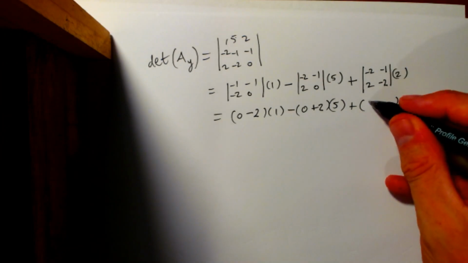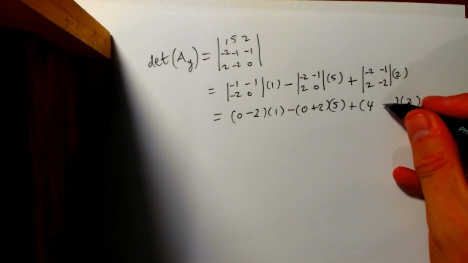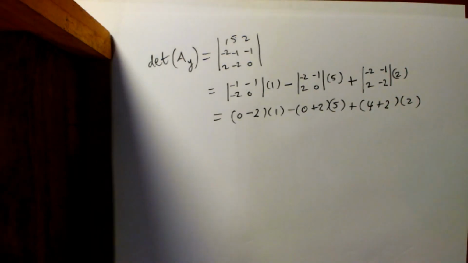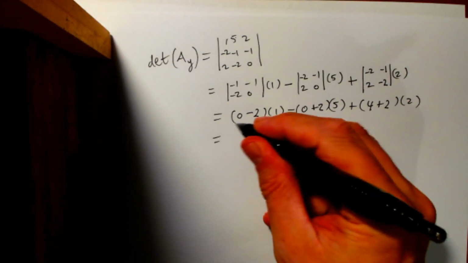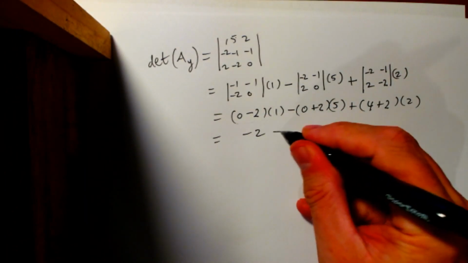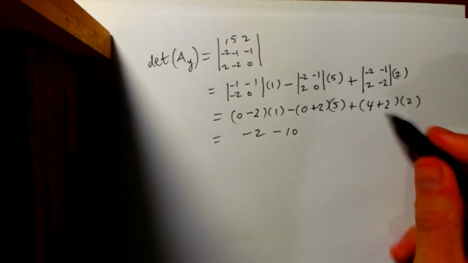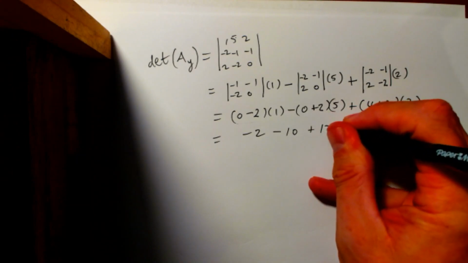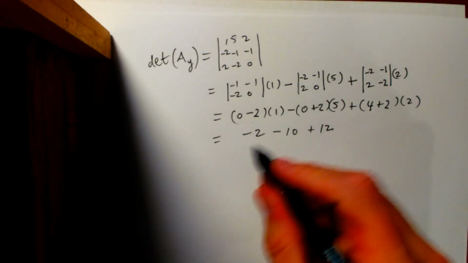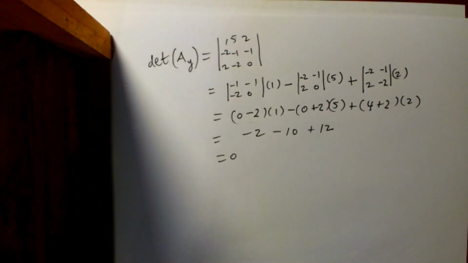Over here we've got 4 minus minus 2 is plus 2. So this is minus 2 for this one, minus 10 for this one, and 6 times 2 is 12, so plus 12 for this one. Okay, so this adds up to 0. So the determinant of A subscript y is 0.